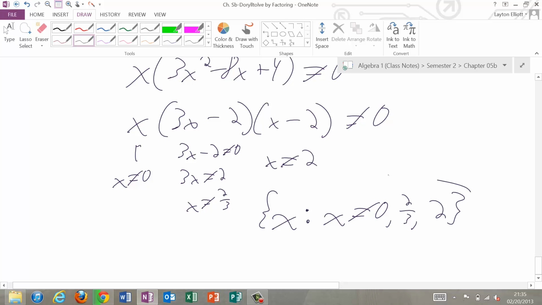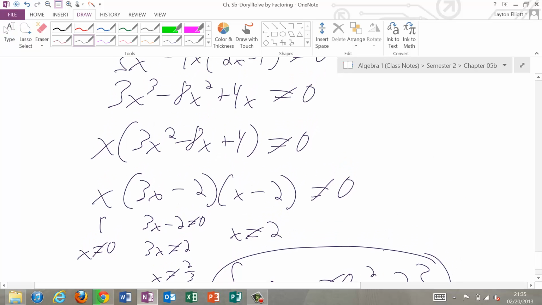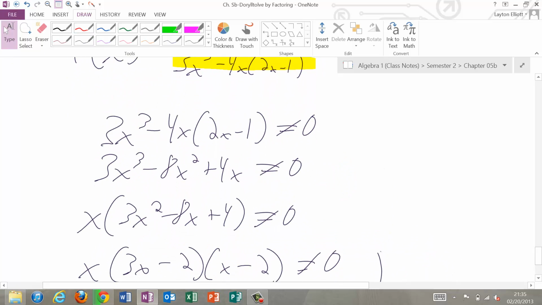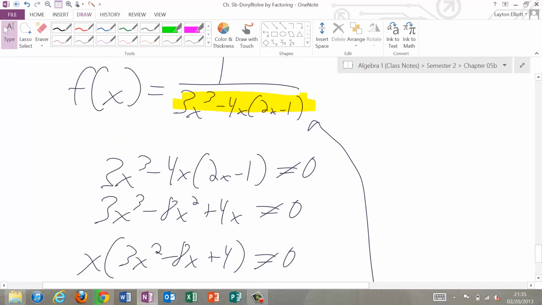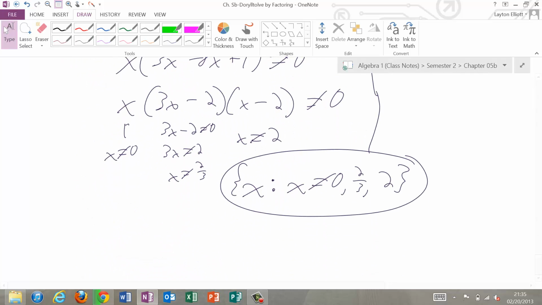Put braces. What this means is that this is actually a statement saying x can be any real number except for those three, because if I look back up, those are the three real numbers that I could plug into the denominator and have the denominator be equal to 0. So that's why we have to say it cannot equal. And that's it.